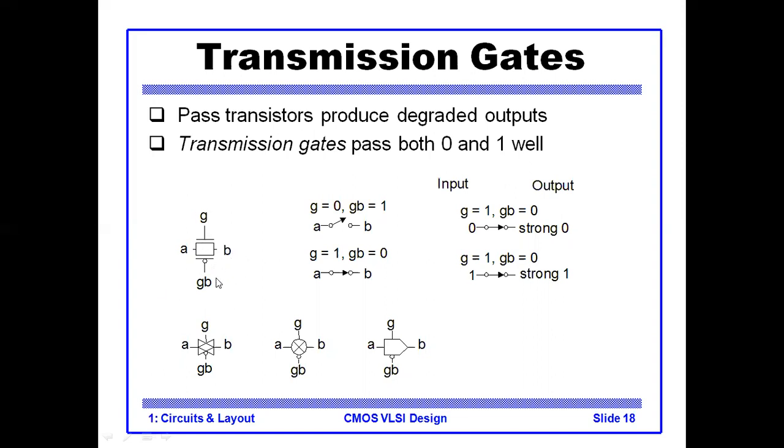Alternatively, a few other symbols are provided for transmission gates, like on this slide. Observe that these are also symbols for the transmission gate. Don't get confused. This is one alternative symbol, and this is another. Always, G is the gate or control input signal to the NMOS, and G bar, its complement, goes to the PMOS.